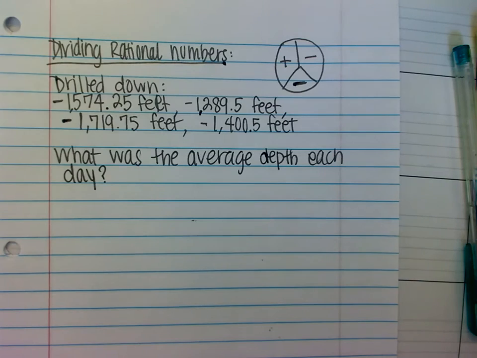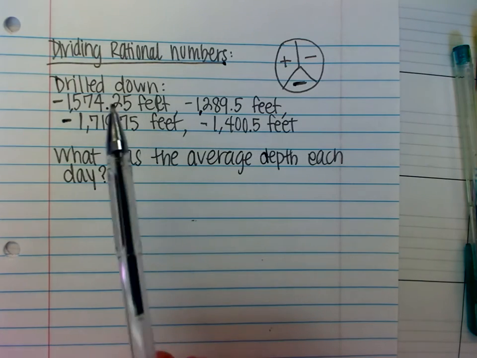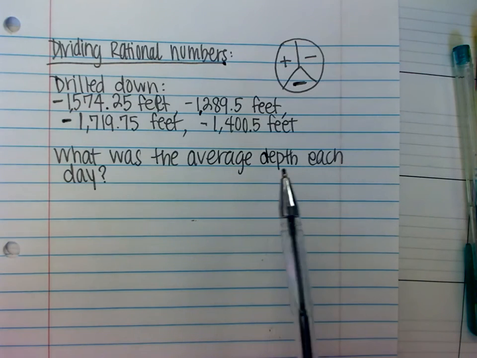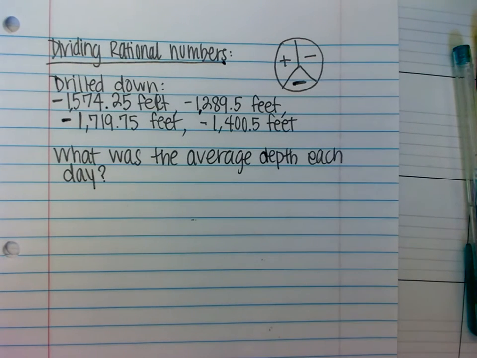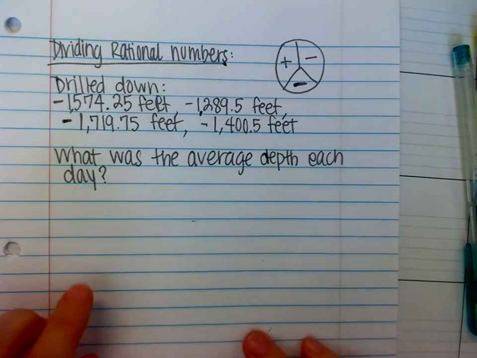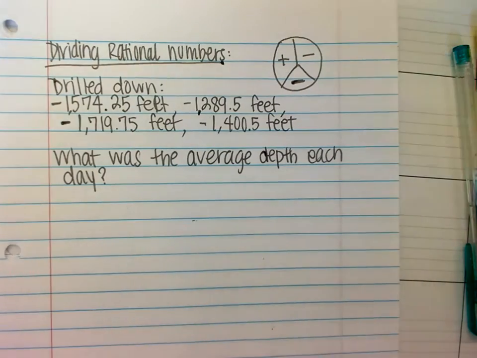So to find the average, we're going to add all of these numbers together, and we're going to divide by how many numbers there are. So we're going to add all 4 numbers together.